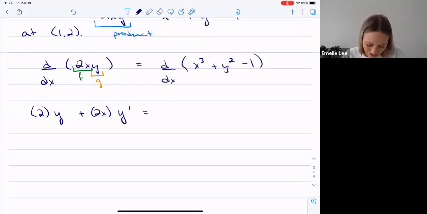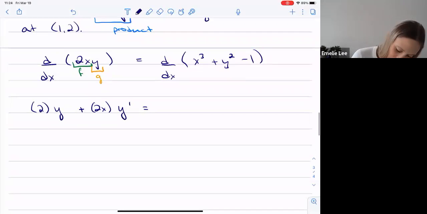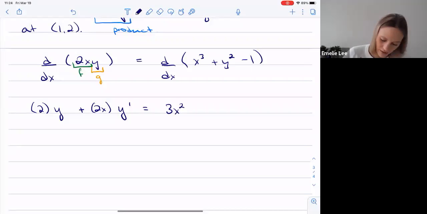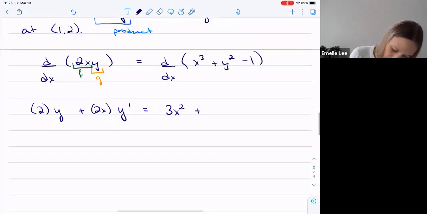Now let's see if I can keep it straight on the right-hand side. If I take the derivative of x to the 3, it's got an x, so it's just normal, right? So we know that's 3x squared. Now for the y squared, I take the derivative of the y normally, in air quotes, because we're just pretending that we're taking the derivative of y.